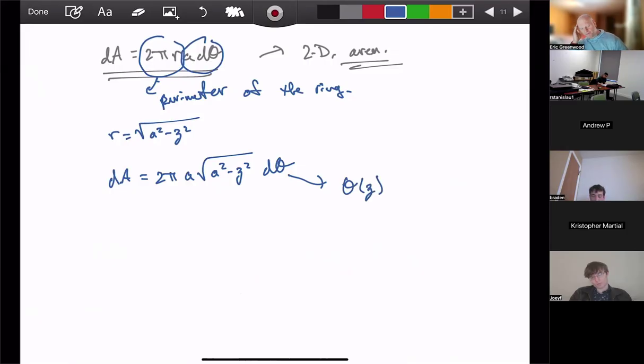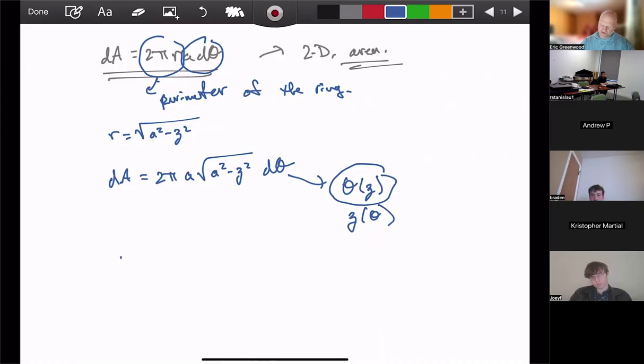So we have a couple different choices here. We could turn this into an arc length integral by changing z into a function of theta and do this as a theta integral, or we can change theta into a function of z and do this as a z integral. Either one is fine. The one that's probably going to be easier is to change this into a z integral, so let's go ahead and do that.